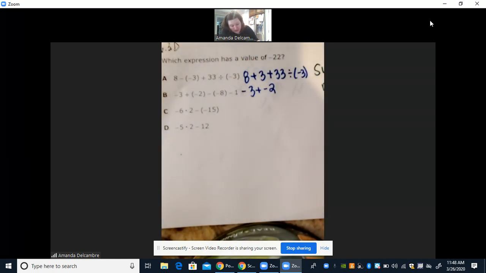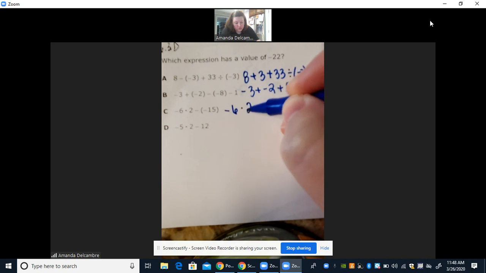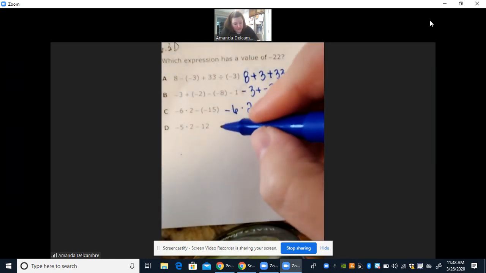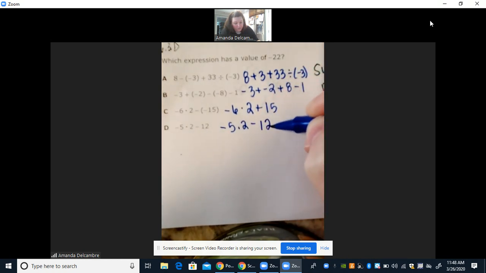Well, subtracting a negative is adding its opposite. So we add the opposite of negative 8, which is a positive 8, minus 1. Looking at letter C, negative 6 times 2. We have a minus and negative 15, which we add the opposite, which is positive 15. And letter D is negative 5 times 2 minus 12.